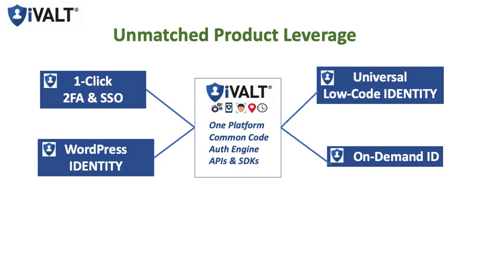These include one-click two-factor authentication and SSO; WordPress identity, where we provide a plugin and the ability to use biometrics to reduce password fraud on WordPress; a universal low-code identity, which you can use with any use case with low-code on the application side; and on-demand ID, which is basically user location and identity, going way beyond just the phone location. This has many use cases.